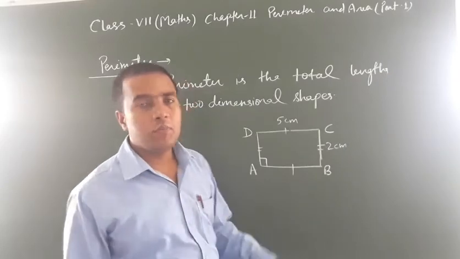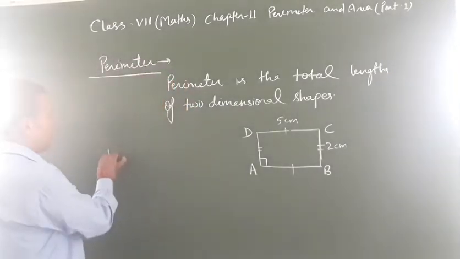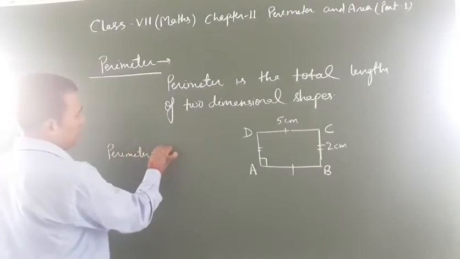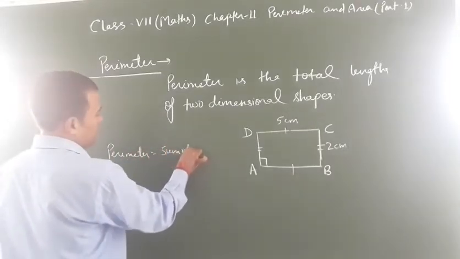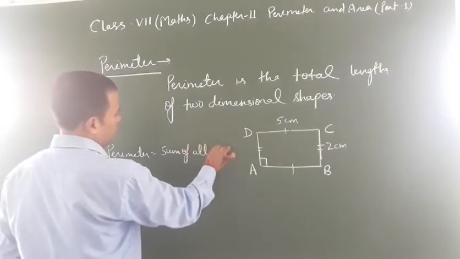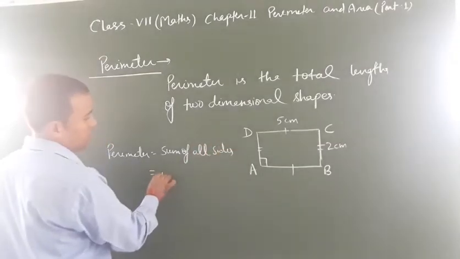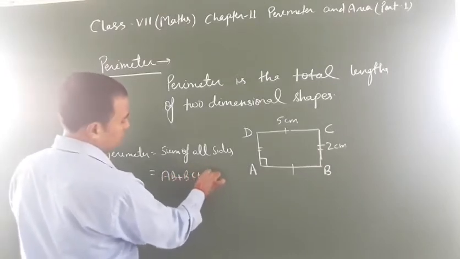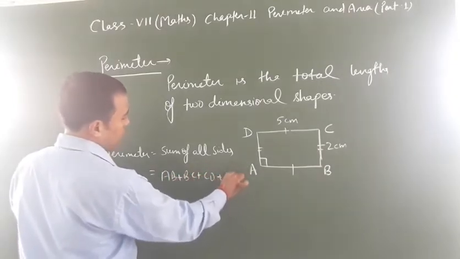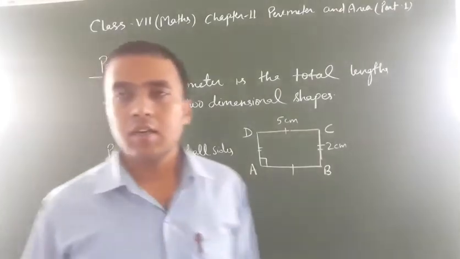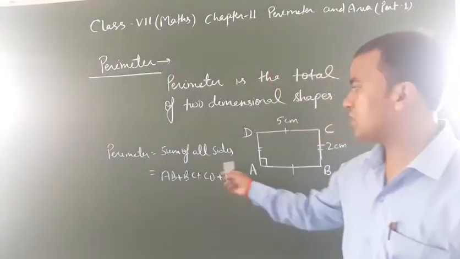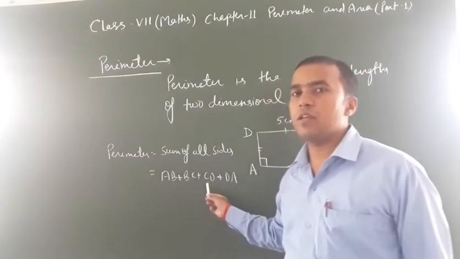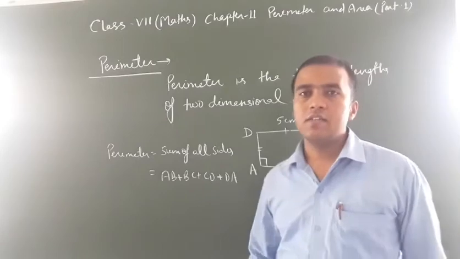Find the perimeter. Perimeter means sum of all sides. Sum of all sides means AB plus BC plus CD plus DA.